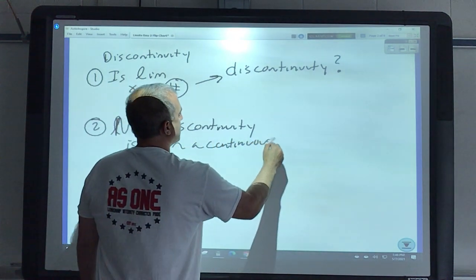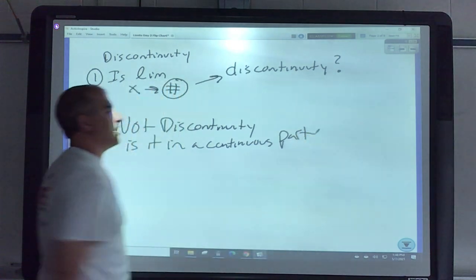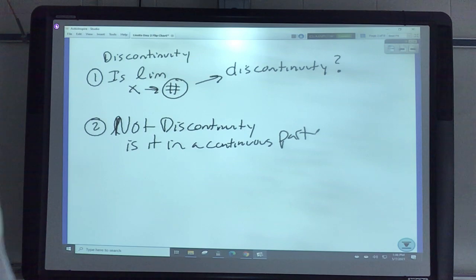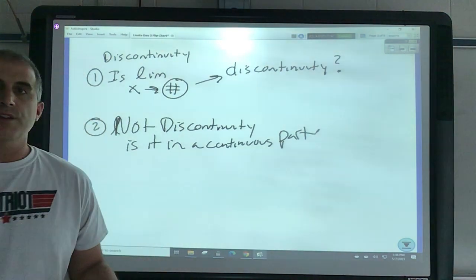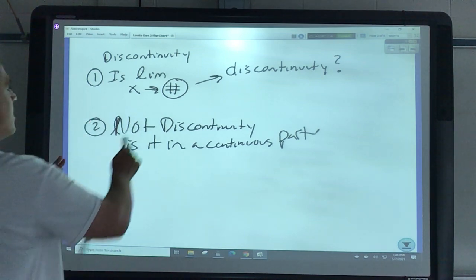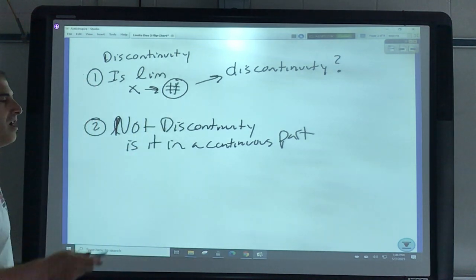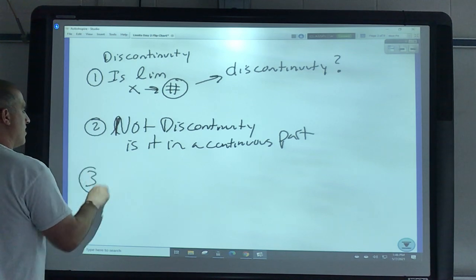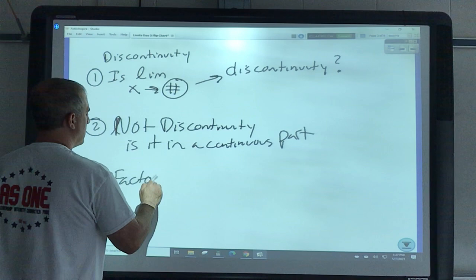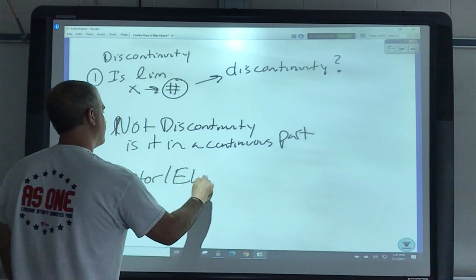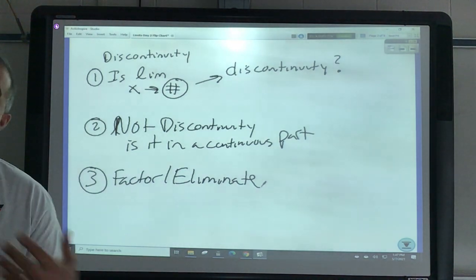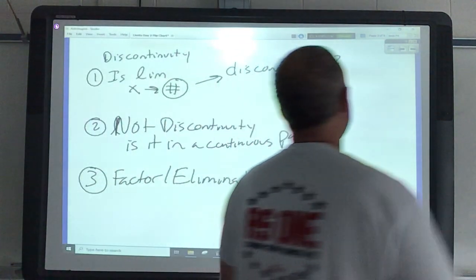Sometimes with the examples, we'll try to say that it's discontinuous at that point. Well, that really depends upon what that number is in the limit. One thing you always want to do, another note, always try to factor and eliminate. That oftentimes will also help you figure out your discontinuity.